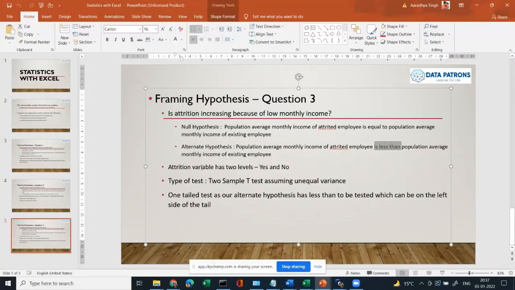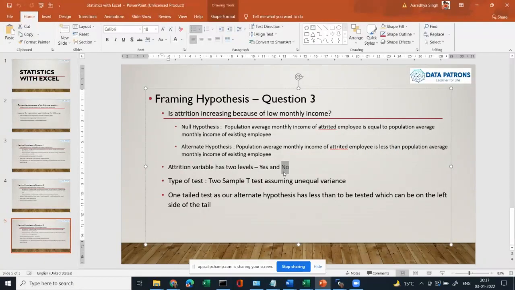Now, as we know, the attrition variable has two levels, yes and no. We are looking at two samples: monthly income for those employees who attrited, versus those employees who did not attrite. So these are the two samples or two groups we have to analyze.